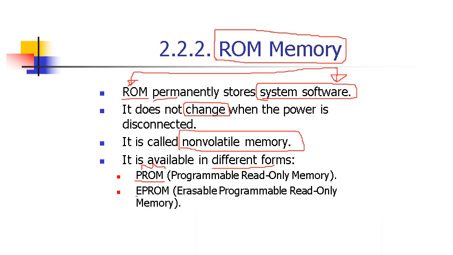And EPROM, erasable programmable read-only memory. This is a modified type of ROM where you can erase the program and reprogram it. But again, once programmed, your data will be retained inside this memory and you don't lose it if you turn your power off.